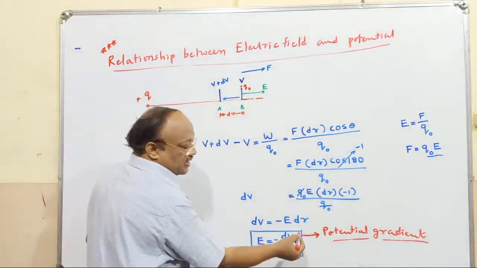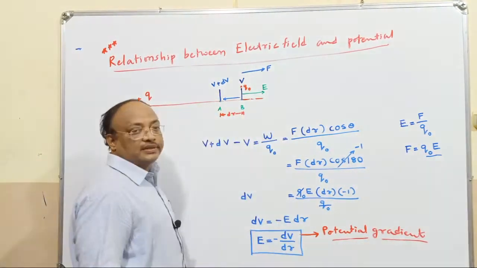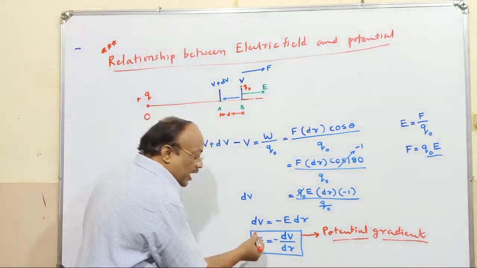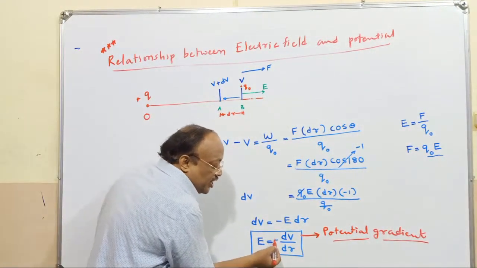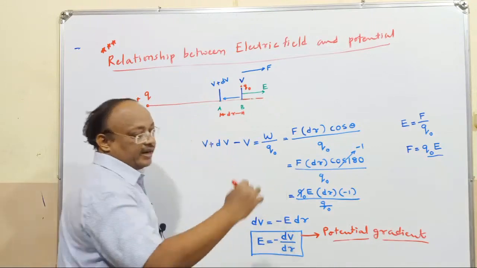We say it as potential gradient. So what is electric field? Electric field is the negative of the potential gradient.